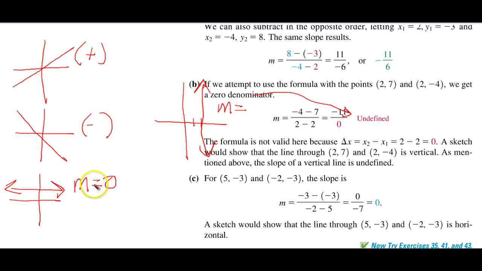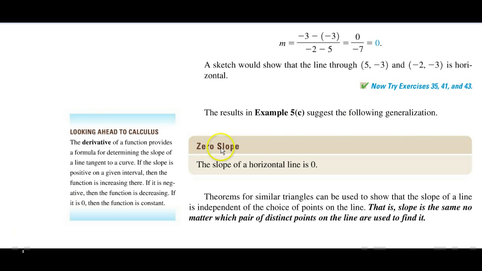Now for this one, our denominator is not a 0, but our numerator is a 0. So a little summary, and pause if you need to get some notes, because this is good stuff. And here they're just giving you a summary. 0 slope is the slope of a horizontal line.